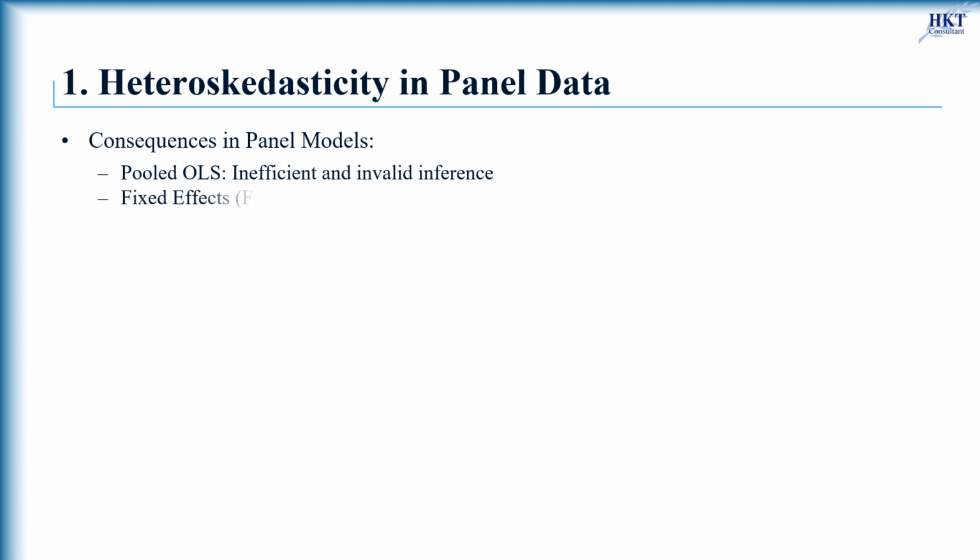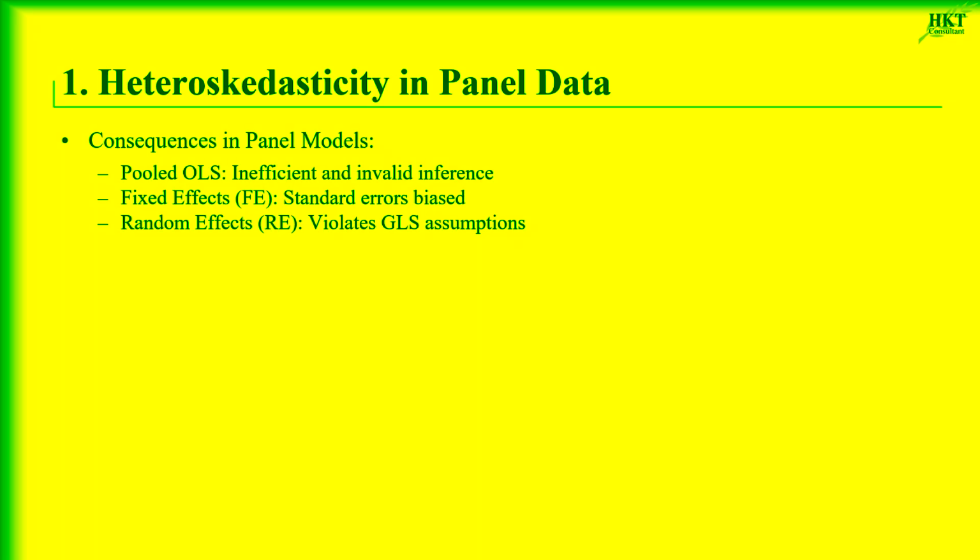In fixed effects and random effects models, it violates the assumption of constant variance in the idiosyncratic error term, and may also bias test statistics derived from within and between transformations. While the coefficient estimates remain consistent, especially in random effects models, they are no longer efficient, and the standard errors may be either underestimated or overestimated.